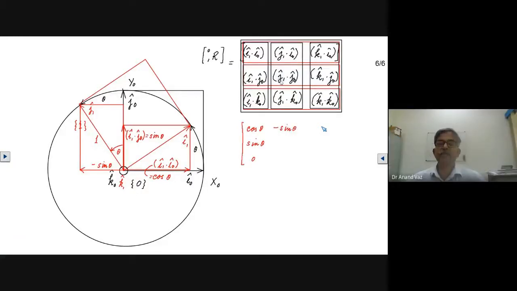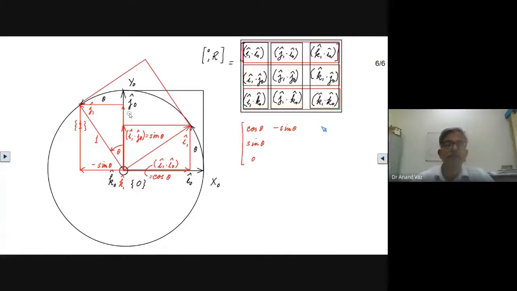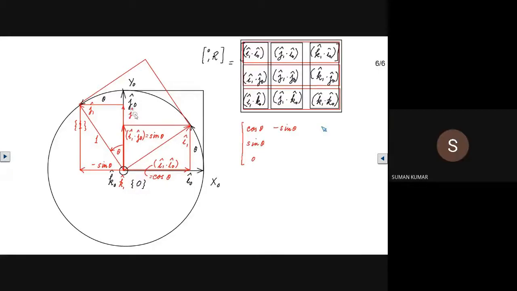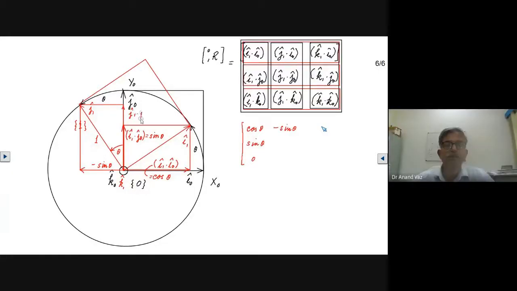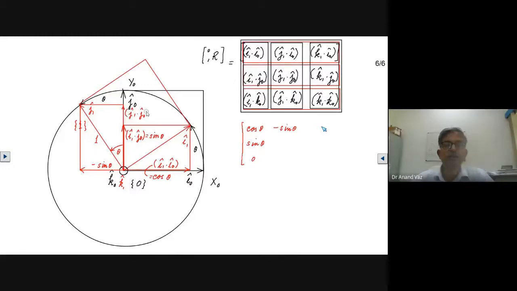Then we have J1 dot J naught. It is the projection over here. This is the adjacent side corresponding to 1, so 1 into cos of theta.